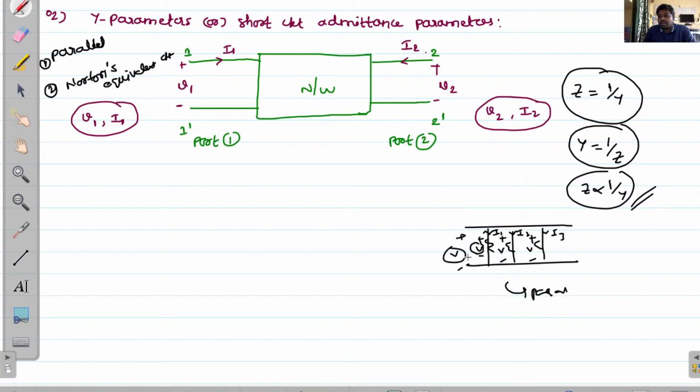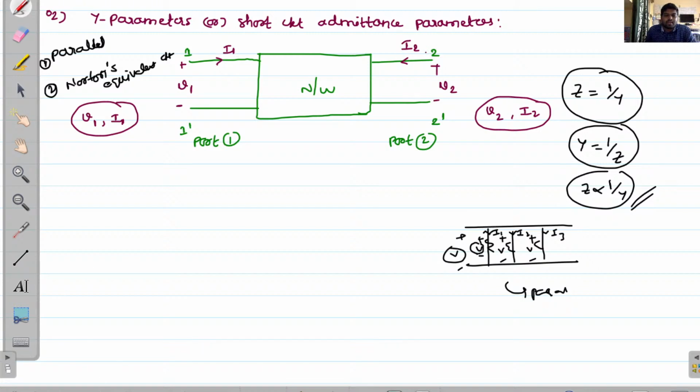In order to maintain the same voltage across these parallel branches, the current will change, right? That means this voltage value, which was dependent in the previous case, is independent here. Voltage will not depend on any other factor. According to this voltage, the current varies, so currents are dependent variables and voltages are independent variables. That is the key observation, right?